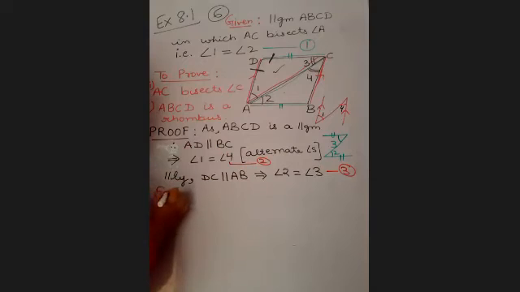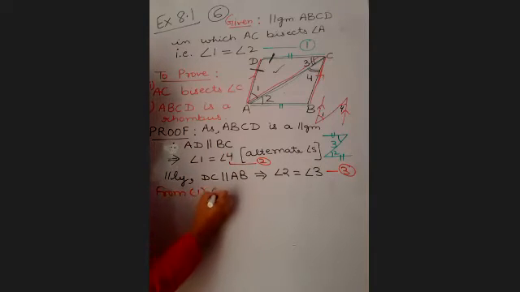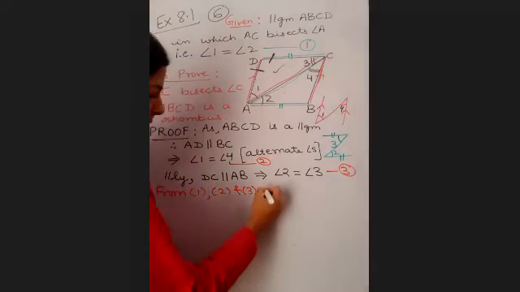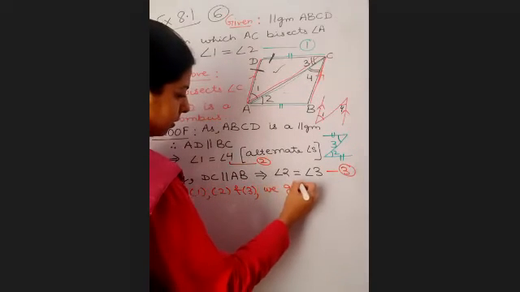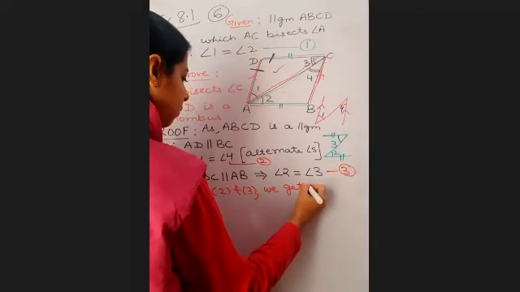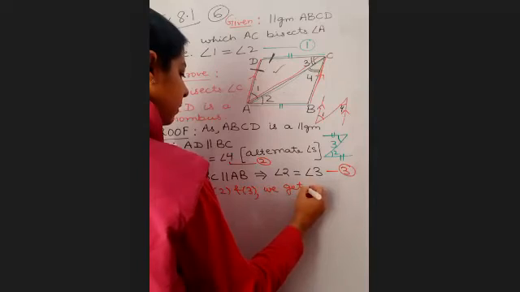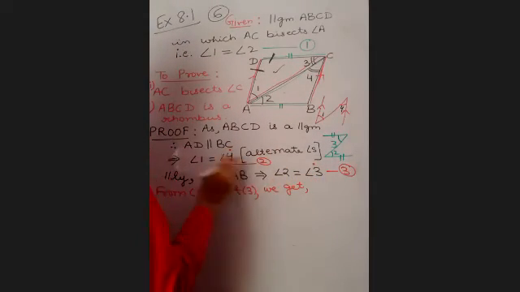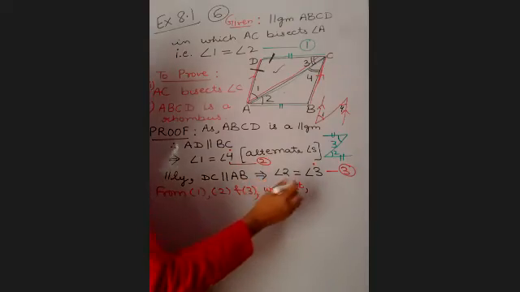Now from 1, 2 and 3, what do we get? Angle 4 is equal to angle 3 because 1 and 2 are already equal.